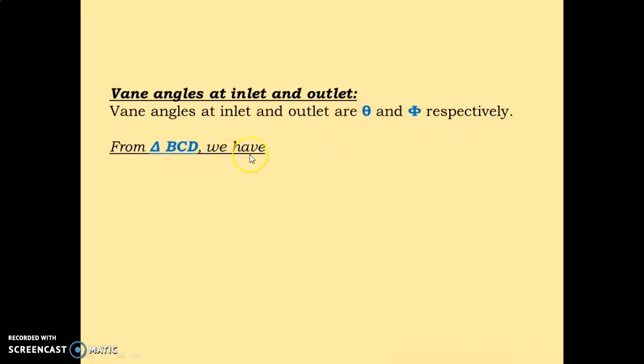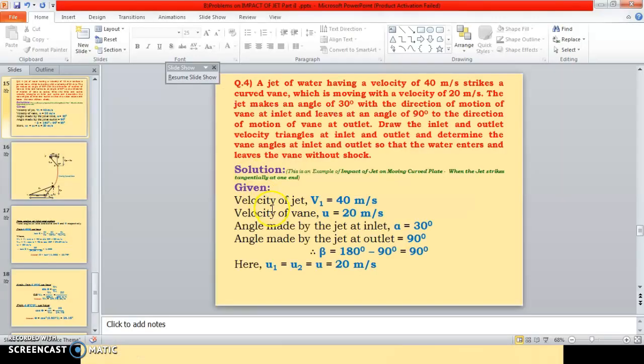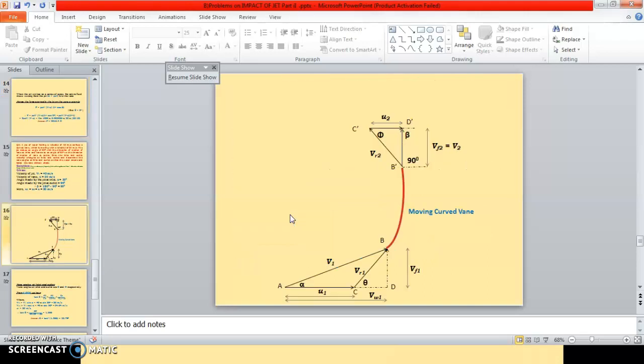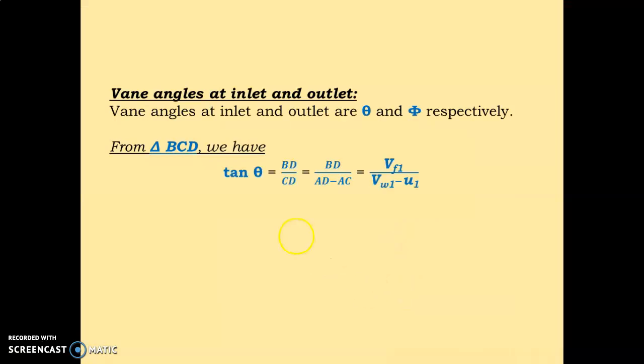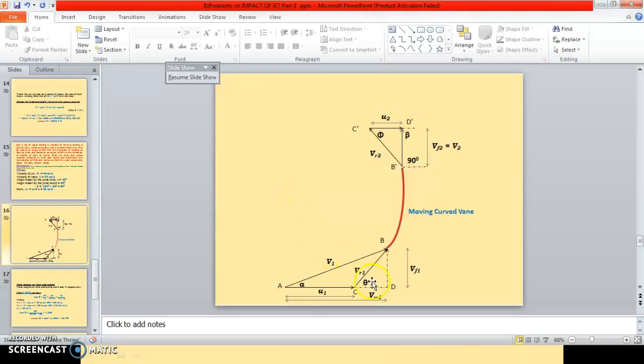From triangle BCD we have, we'll see what is triangle BCD. This is triangle BCD, having angle theta. Now tan theta, from triangle BCD, is equal to BD upon CD. This is theta, so tan theta will be opposite upon adjacent.